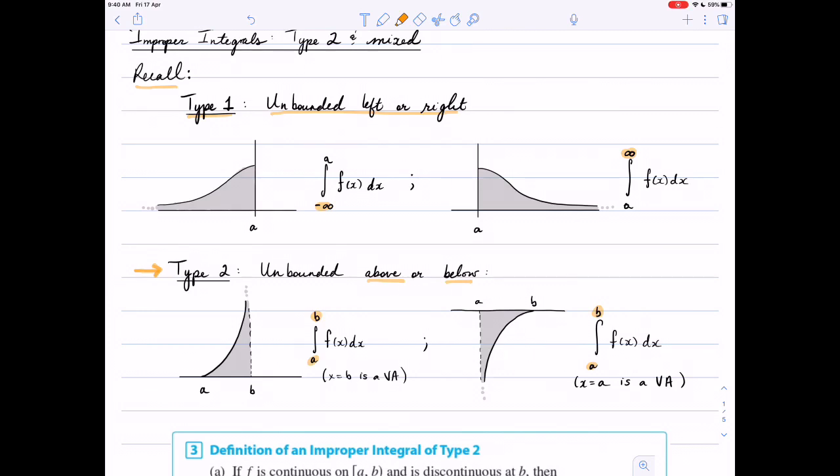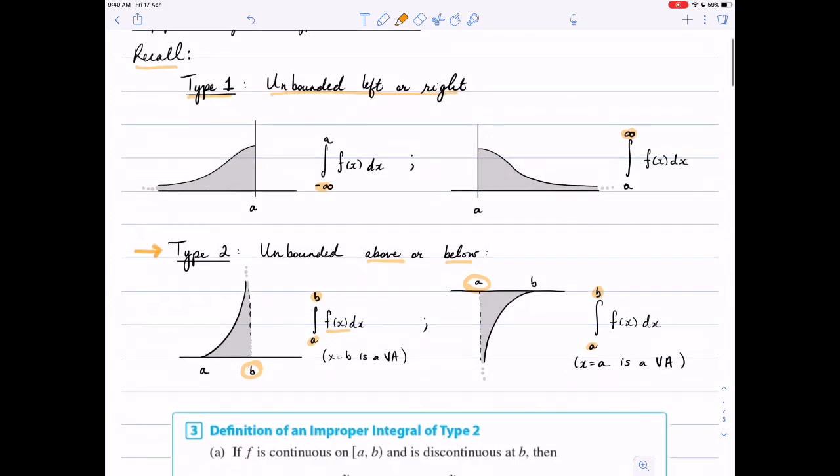You cannot see the improperness in the bounds. What you have to recognize is that the function f of x has some kind of discontinuity at one end or the other, or maybe even somewhere in between.